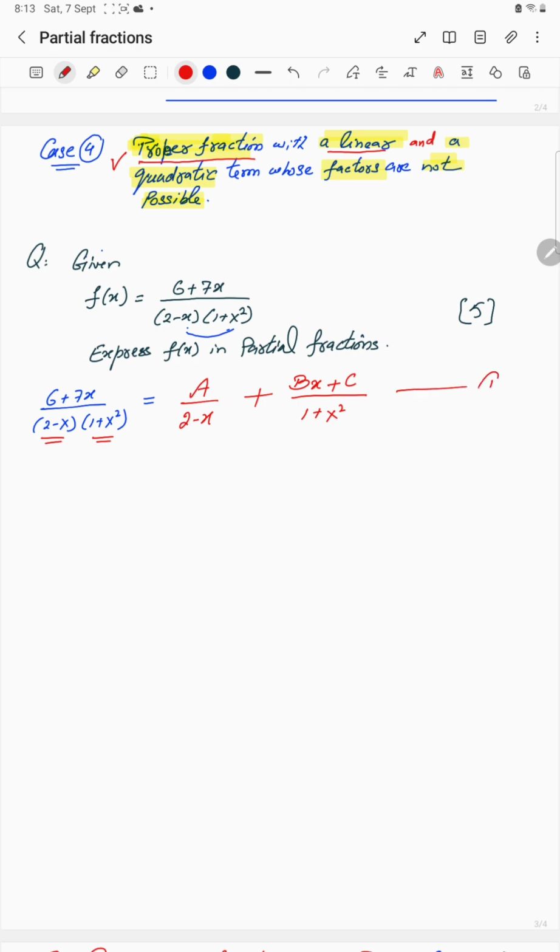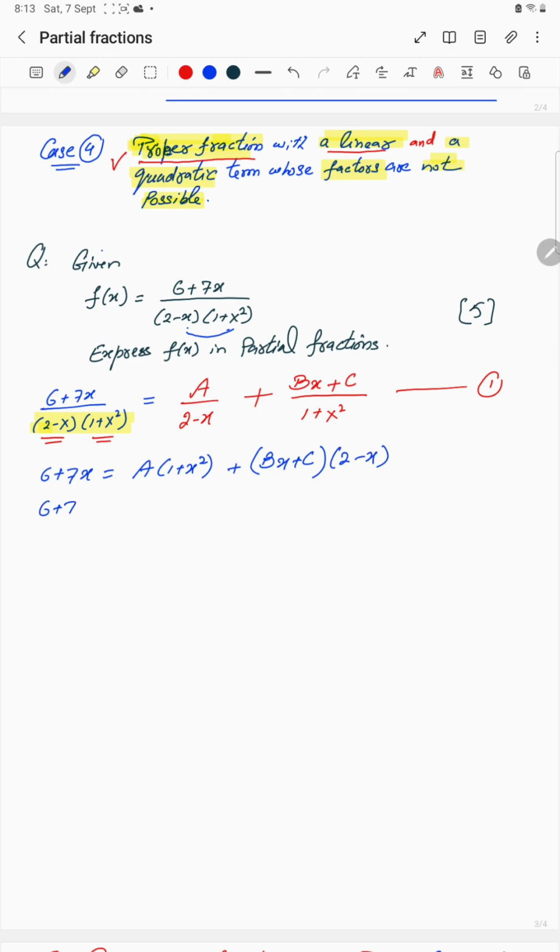So this will be equation 1, and it can be solved with the help of comparing coefficients, and for the linear term you can substitute to get A. As per the rule, multiplying each term with the denominator, we get 6 plus 7x equals A times (1 plus x squared) plus (Bx plus C) times (2 minus x).